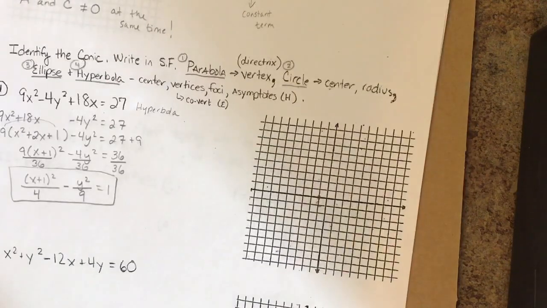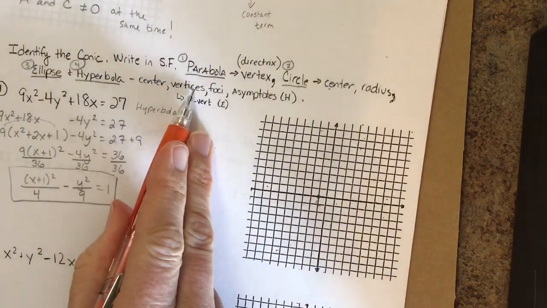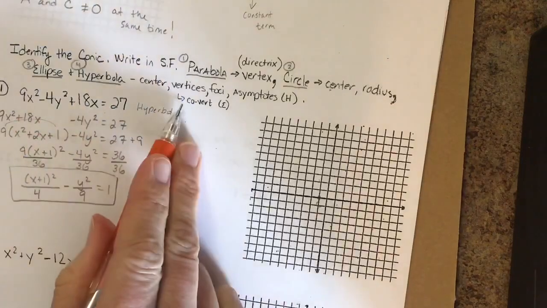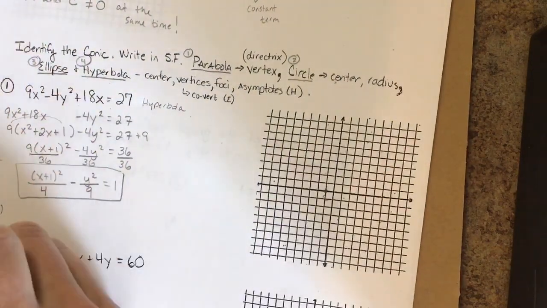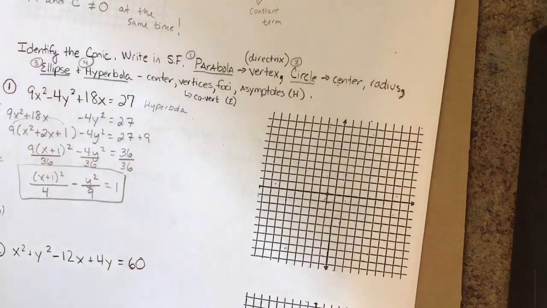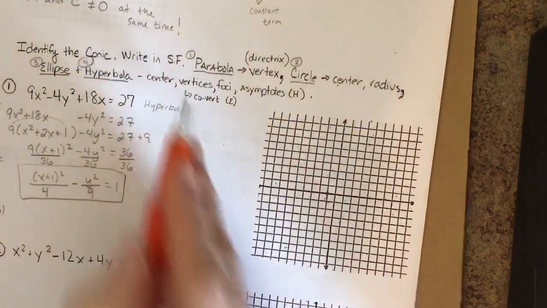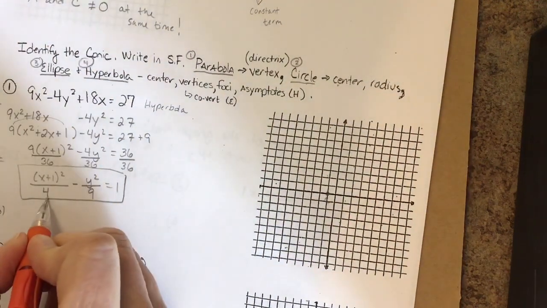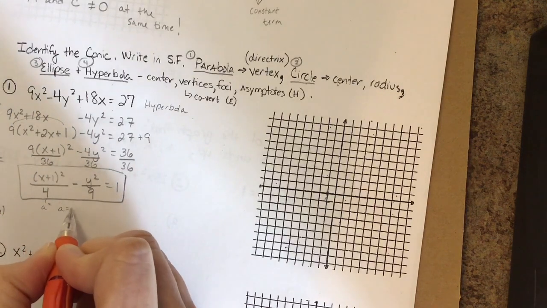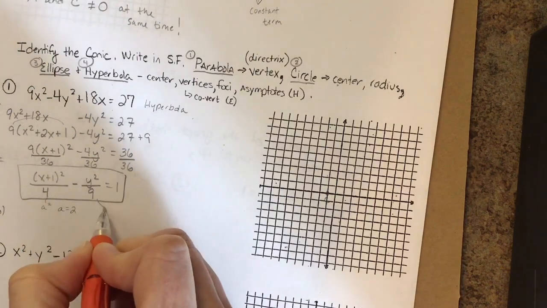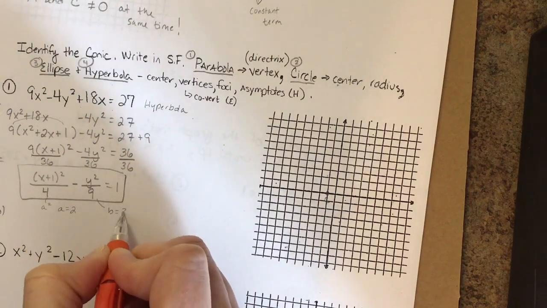All right, now let's go for vertices. An ellipse has co-vertices, so for a hyperbola, no, vertices. The vertices will be, well, I need to figure out a and b. Really, I just need a for the vertices, right? So this will be my a squared. So a is 2, and b is the square root of 9, 3.